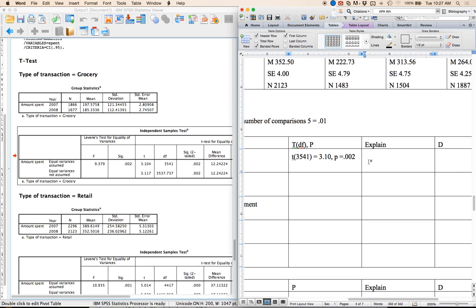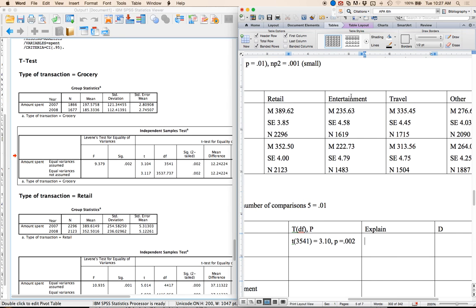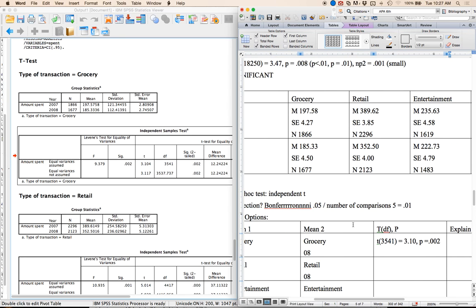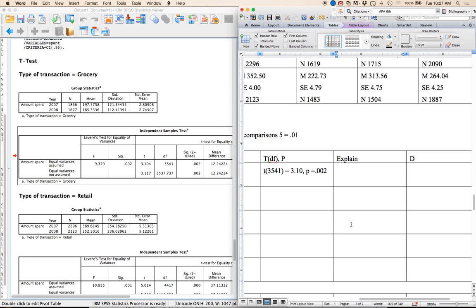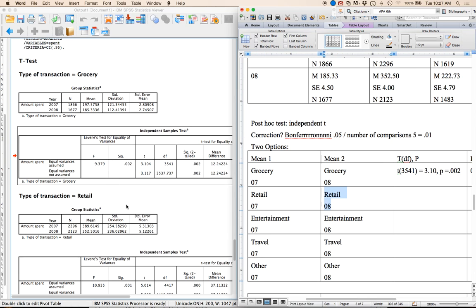Alright, so what does that mean? Well, if I look at the means in my box up here in Word, I would say that in 2007 I spent more money than in 08 for grocery. We'll come back to D and do all of them at once.